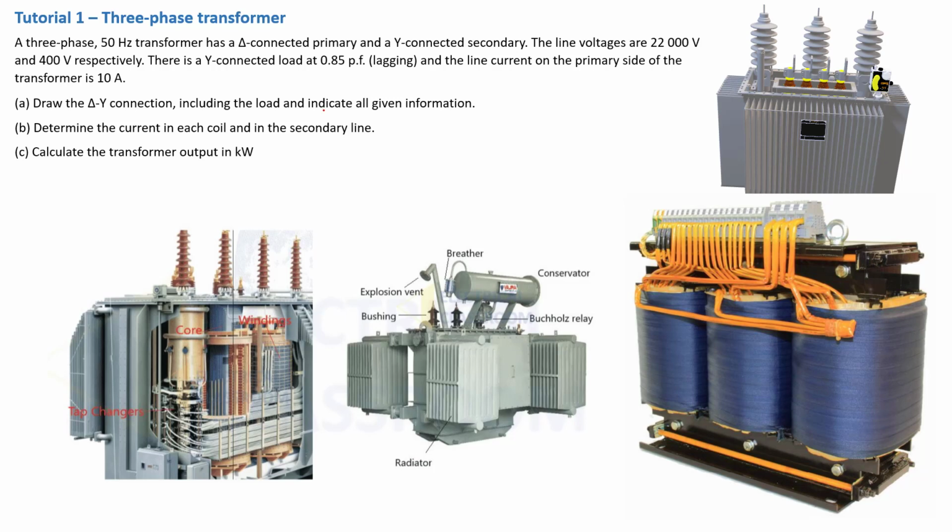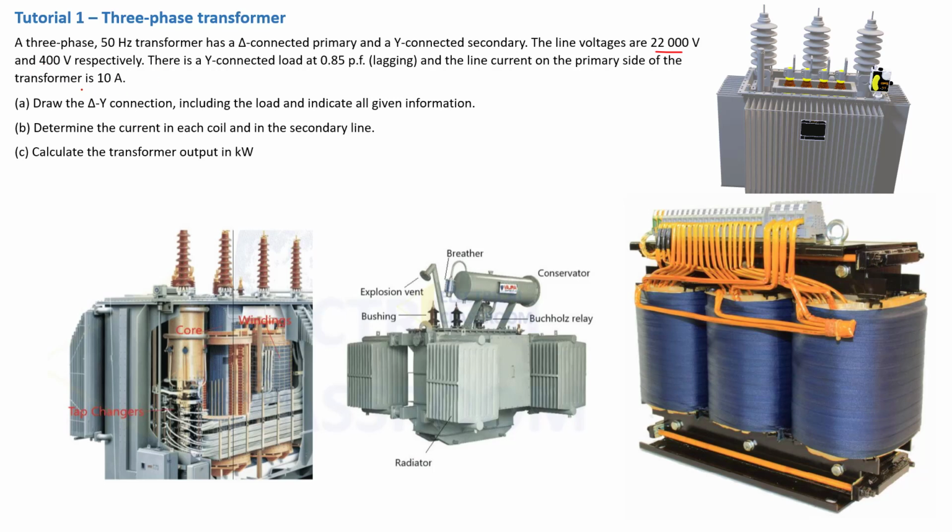Okay, having said that, we're then going to proceed in this tutorial one on three-phase transformer. The problem statement says that a three-phase 50 Hz transformer has a delta connected primary, okay, and a Y connected secondary. The line voltages are 22,000 volt on the primary side, and 400 volt respectively.